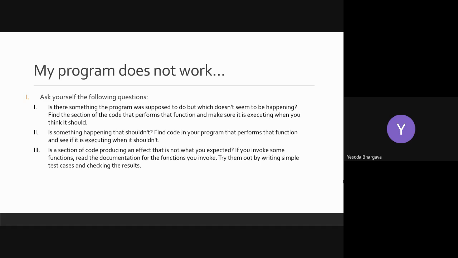Then you need to find the section of code that performs that particular function. To be able to identify that piece in the code that is responsible for the output, you need to be well versed with the code. Then you go on to understand that piece, and then you need to validate whether it is the section that is really responsible.